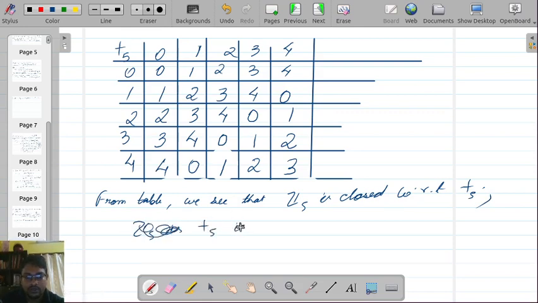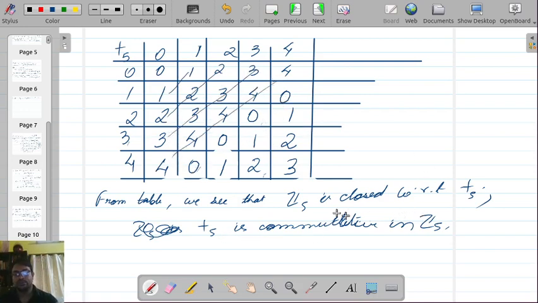Addition modulo 5 is commutative in Z5, because the matrix here is actually symmetric. So writing 3 plus 2 is the same as writing 2 plus 3. If you consider this as diagonal, all these are matching. So plus modulo 5 is commutative in Z5.